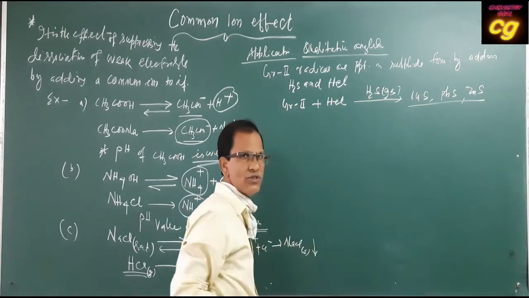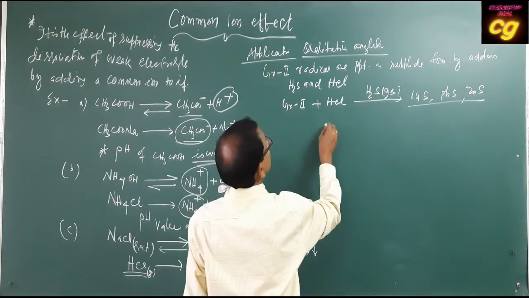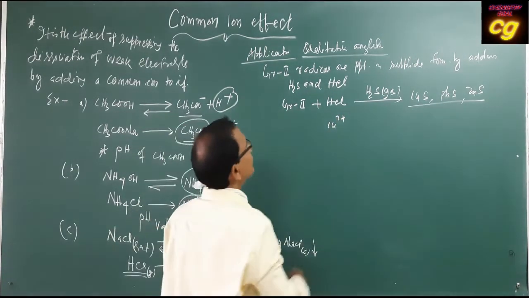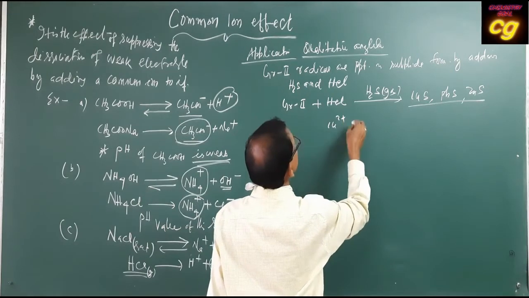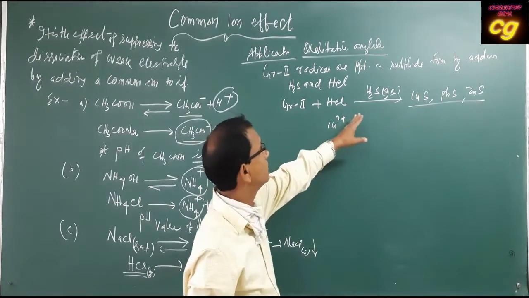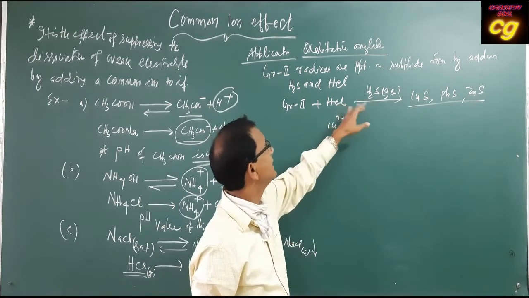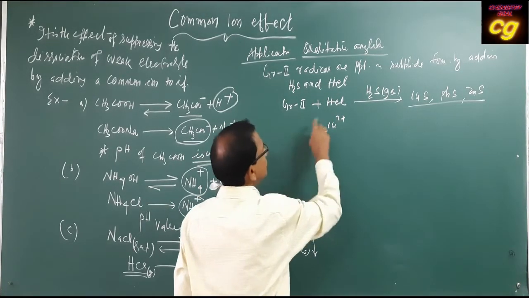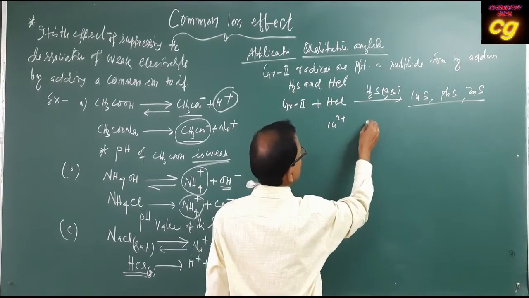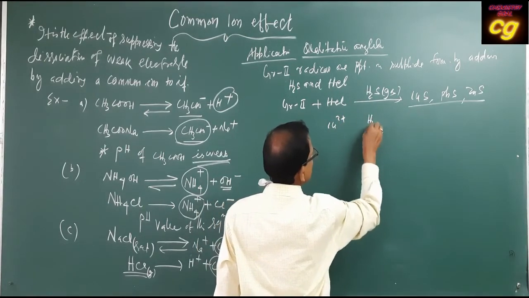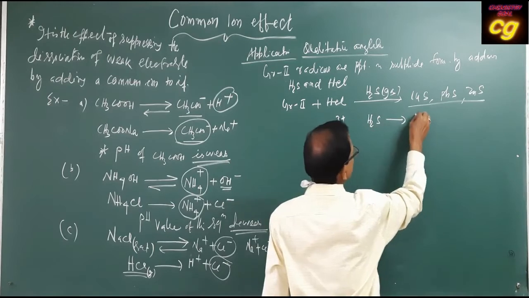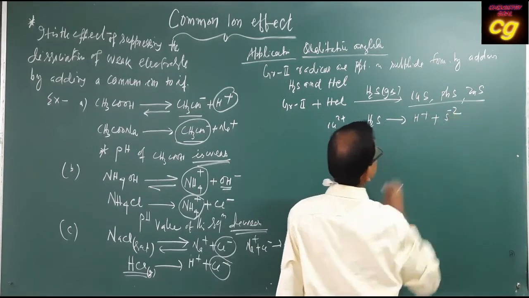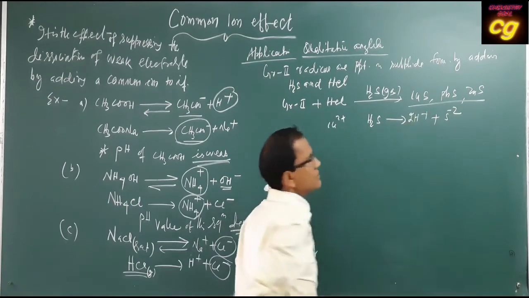If you see the mechanism, suppose copper ion is available in the solution, and then you pass HCl and H2S gas. H2S dissociates to produce 2H+ ion and sulfide ion.